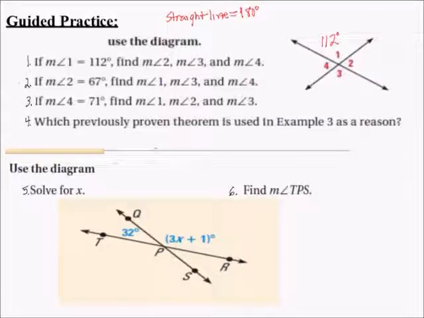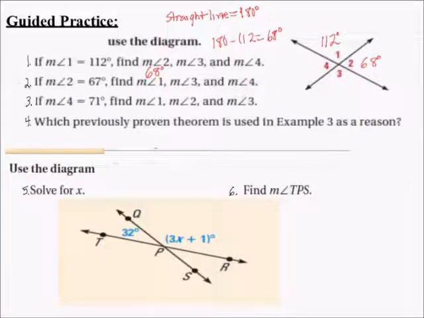So that means that angle 2 is 180 minus 112, and that's going to be 68 degrees. So the measure of angle 2 is 68 degrees.